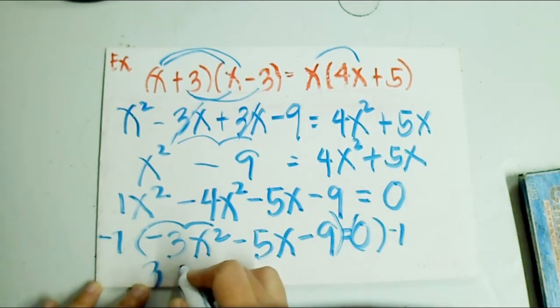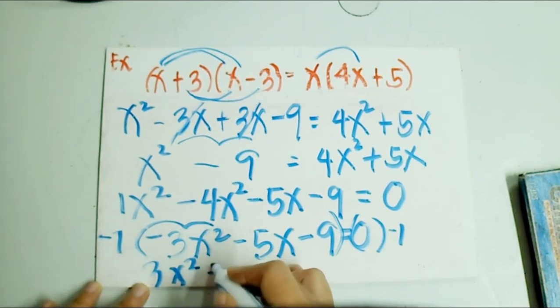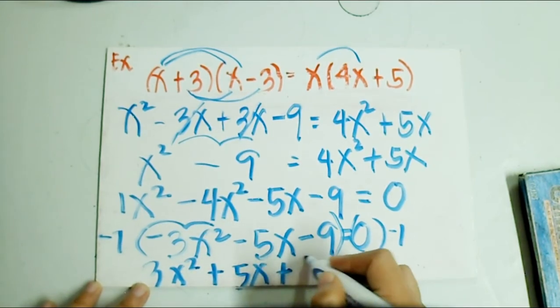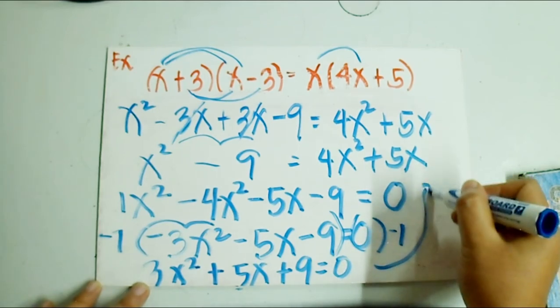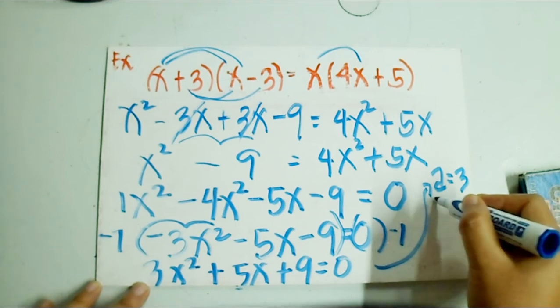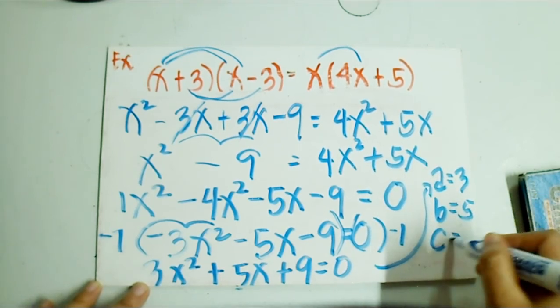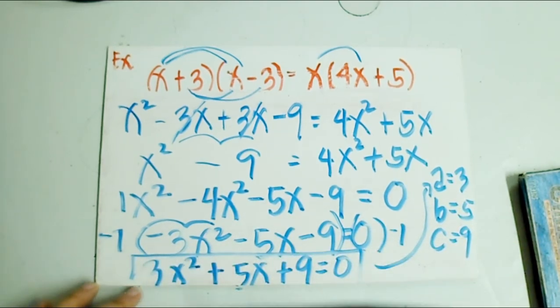So we have 3x squared plus 5x plus 9 equals 0. This gives us our a is 3, our b is 5, and our c is positive 9. This is our standard quadratic equation.